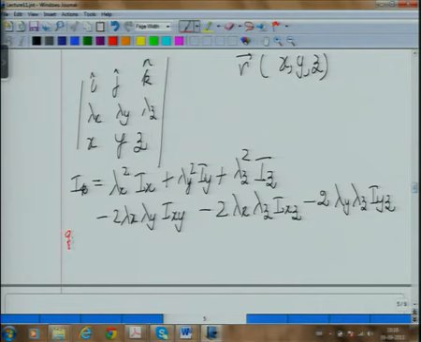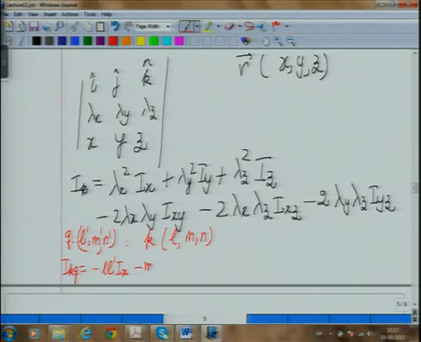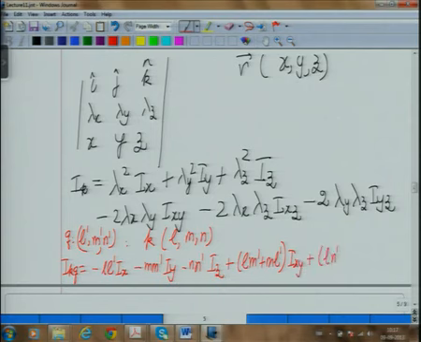So, if the q axis has direction cosines L prime, M prime, N prime, and k axis has L, M, N, then Ikq will be given by minus L L prime Ix minus M M prime Iy minus N N prime Iz plus (L M prime plus M L prime) Ixy plus (L N prime plus N L prime) Ixz plus (M N prime plus N M prime) Iyz.